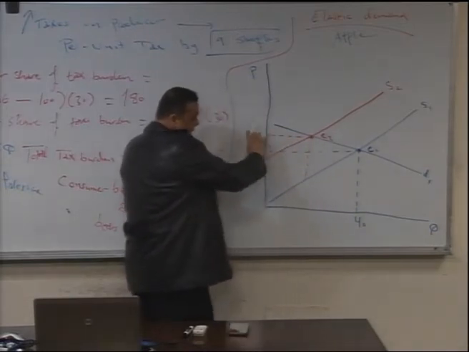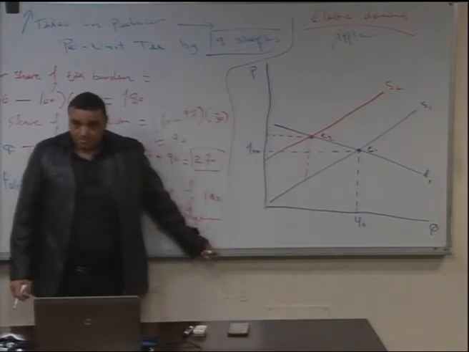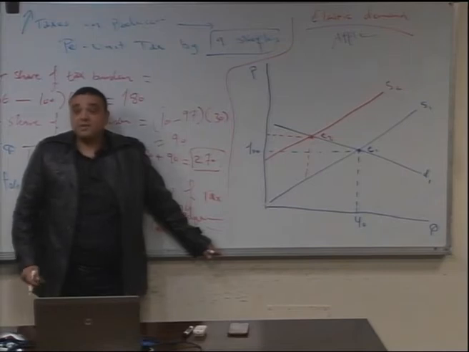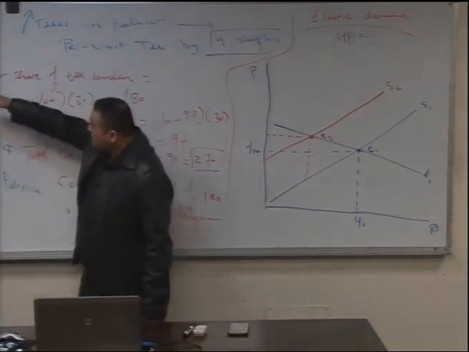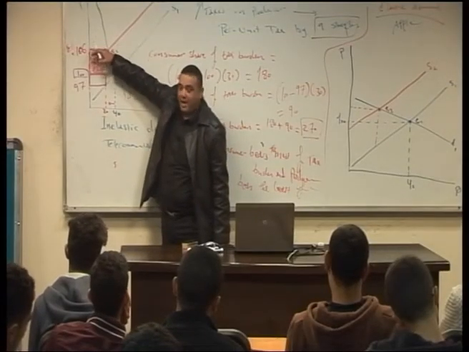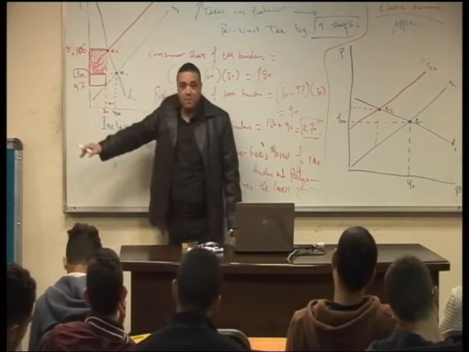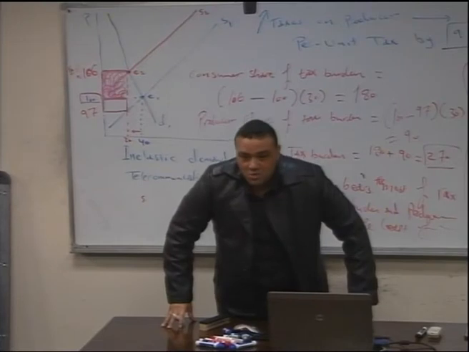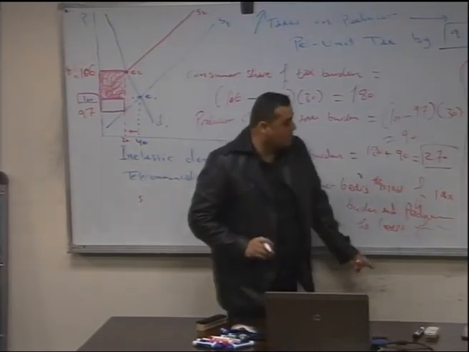I don't know how much the new price is here, but it's actually the price paid by the consumer. The price above the original equilibrium is always the price paid by the consumer, and the one below the original equilibrium is the price received by the producer.